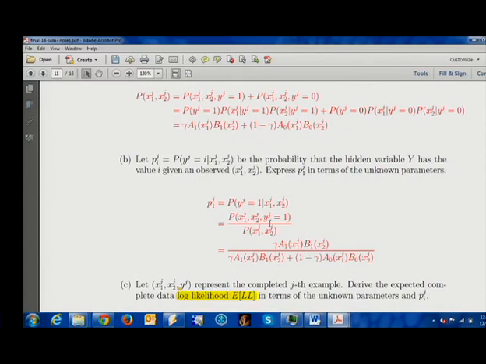Basically, using the assumption on the model, it's exactly the same step that I did here. I can write it as P of y being 1, which is this gamma, times P of x1 given that y is 1, times P of x2 given that y is 1, which is exactly this term.